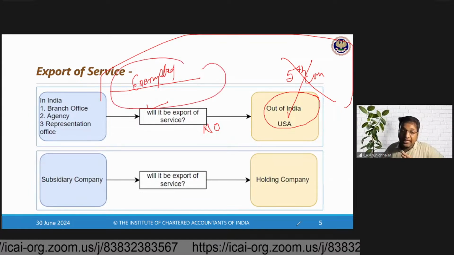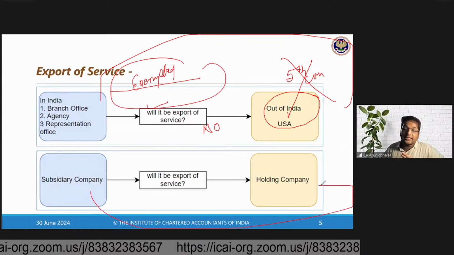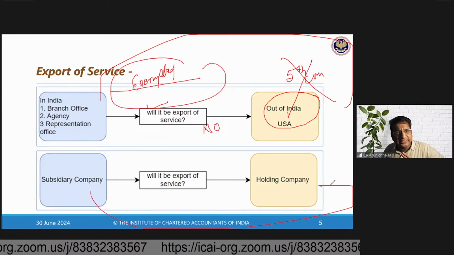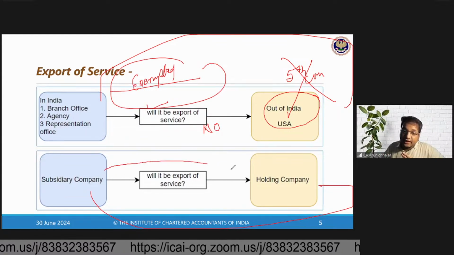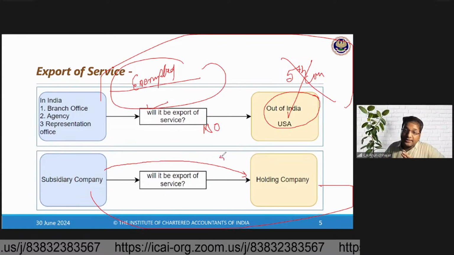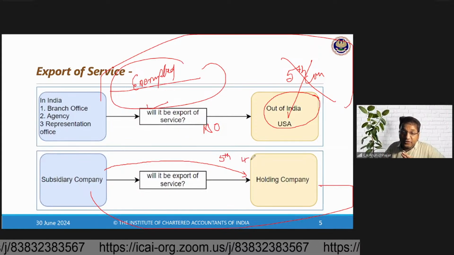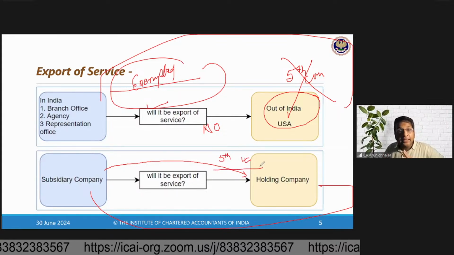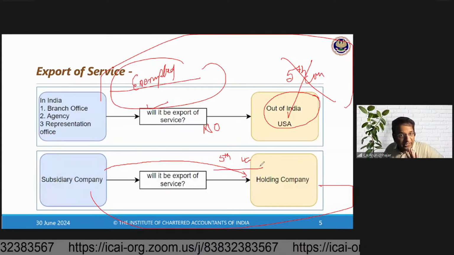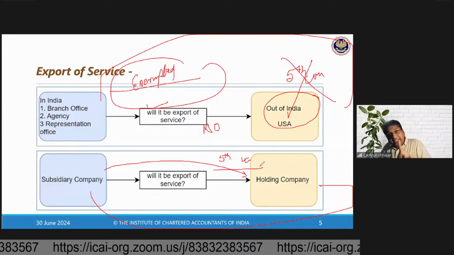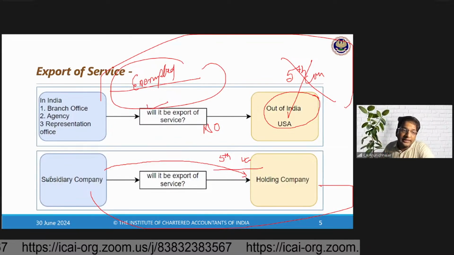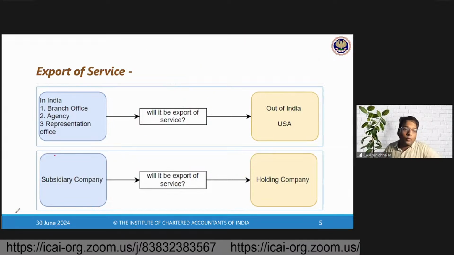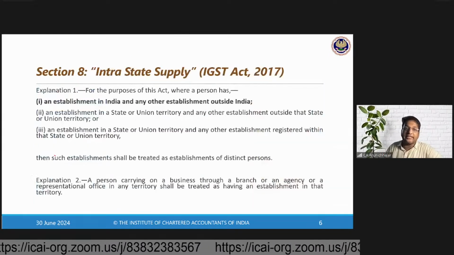But subsidiary and holding company, they are saying, the circular has also been issued by the CBIC, that this continues to be considered as satisfying the 5th condition, meaning they are not the establishment of a distinct person. And if they are not the establishment of the distinct person, it means they have satisfied the 5th condition. Read the explanation 1 and explanation 2, section 8.